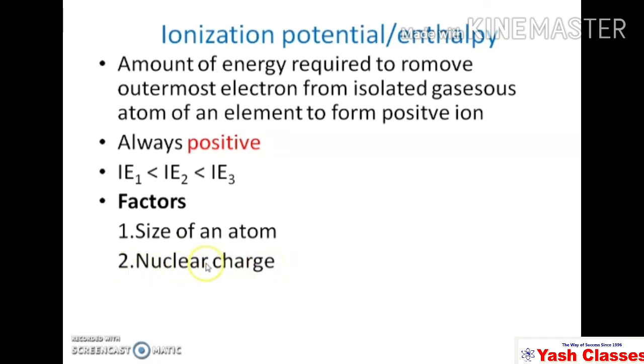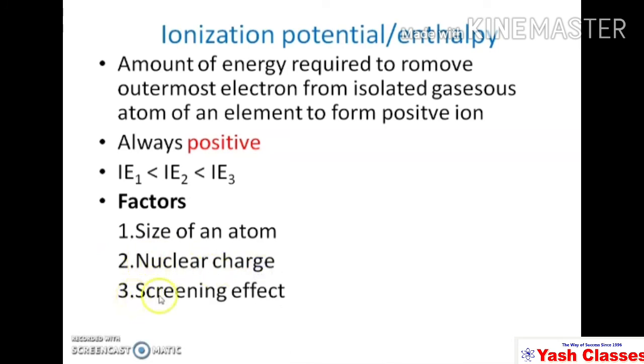Therefore ionization potential is directly proportional to nuclear charge. In the periodic table, nuclear charge increases from left to right, and therefore ionization enthalpy also increases from left to right in the periodic table.